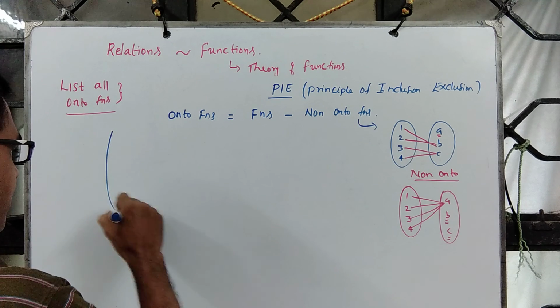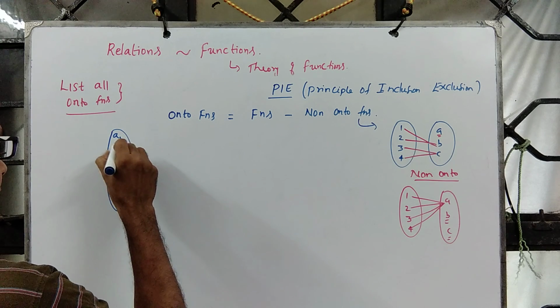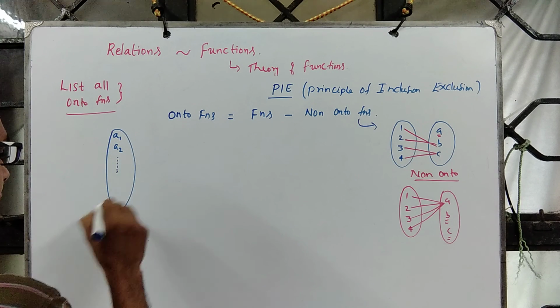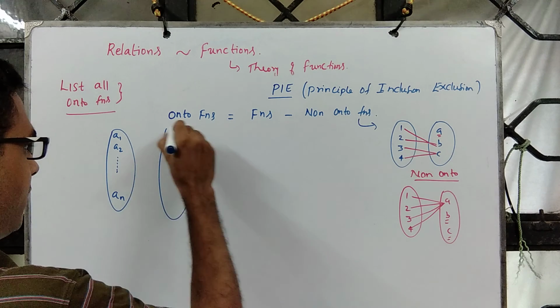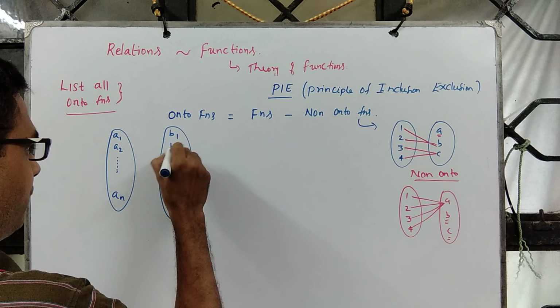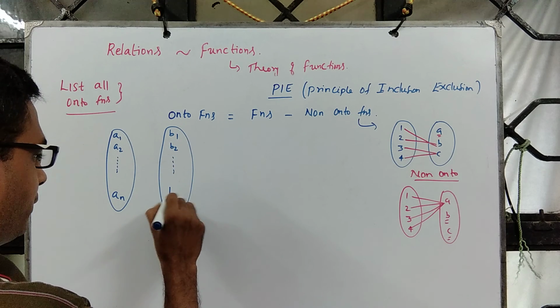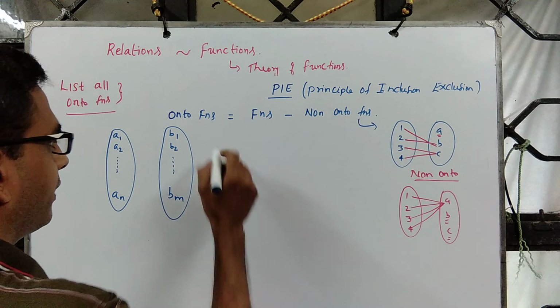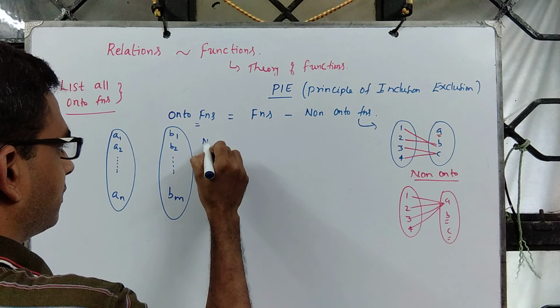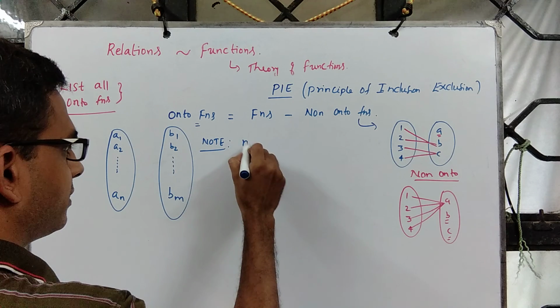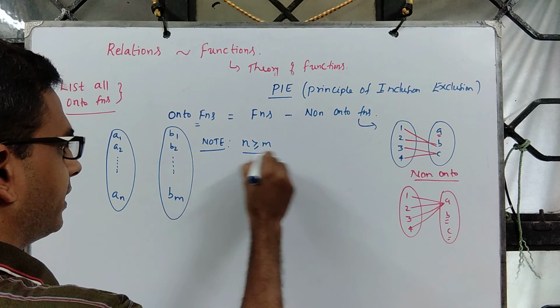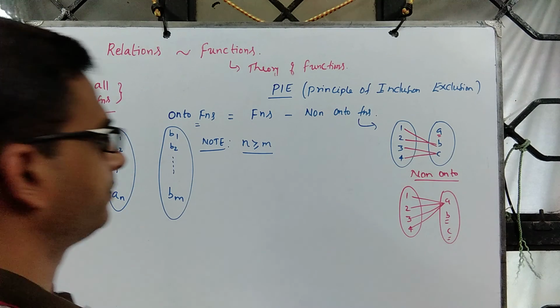So consider A1, A2, and so on up to An, and this one is say B1, B2, and so on up to Bm. Since we are counting this, we know that the cardinality of the domain must be at least the cardinality of the codomain.